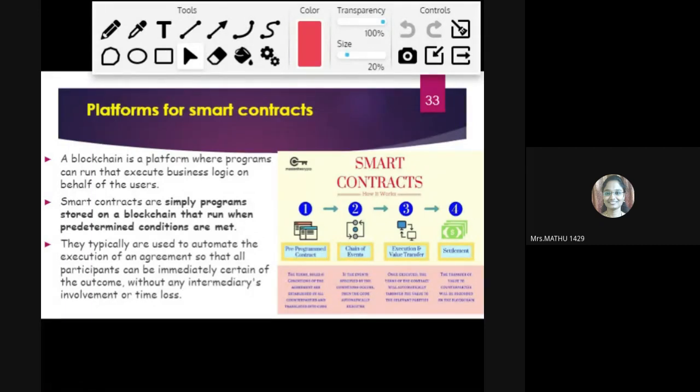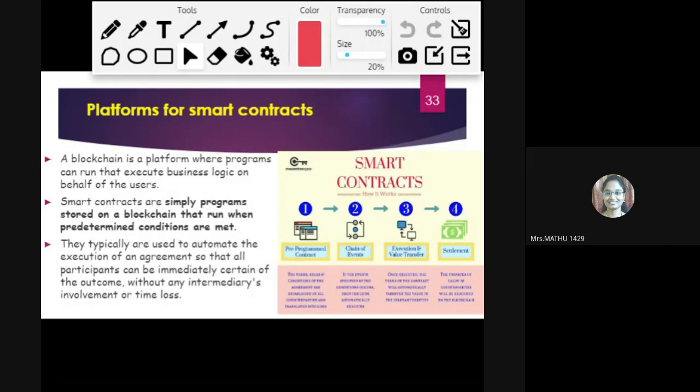A is selling the land, which means he has to give all the required documents relevant to that land to party B. And B has to transfer the amount that was discussed to party A. So these are the preconditions.